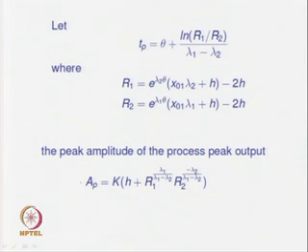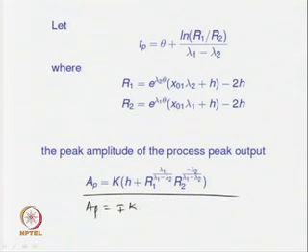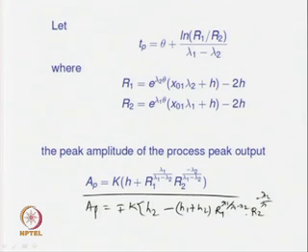the derivations for these expressions, in the form of A p. A p was earlier having minus plus k times h 2 minus h 1 plus h 2 times r 1 to the power lambda 1 by lambda 1 minus lambda 2 times r 2 to the power minus lambda 2 by lambda 1 minus lambda 2. If you have not forgotten, please keep in mind, already we have derived the general expressions for peak amplitude of the output signal for general second order plus dead time transfer function models.